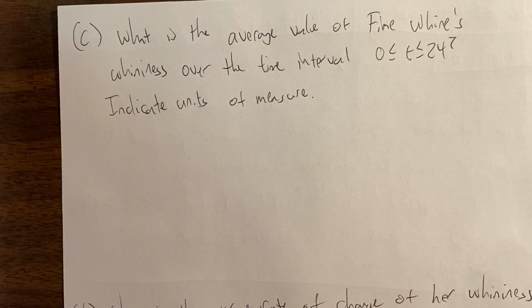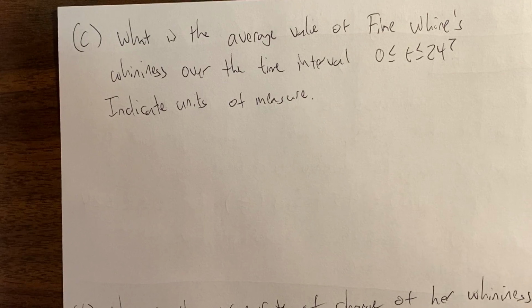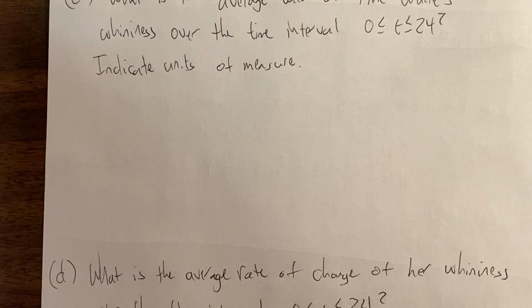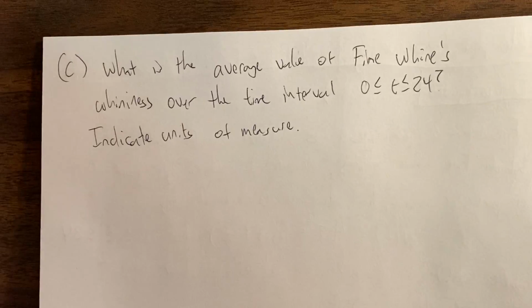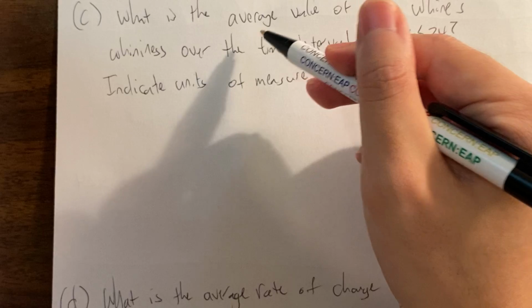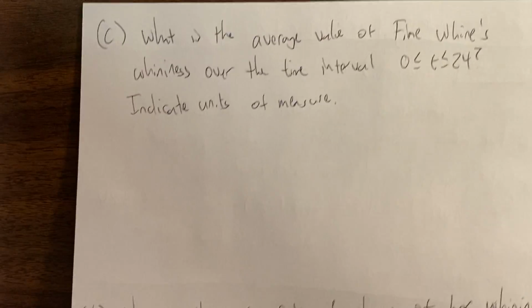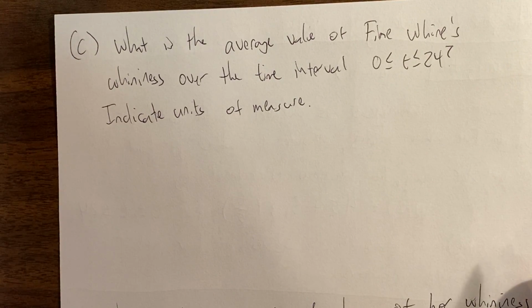So the next thing I want to talk about is the difference between average value and average rate. Notice the wording of these questions is pretty similar, except we're finding two different things: average value and average rate. And then we're going to, of course, focus on units of measure.